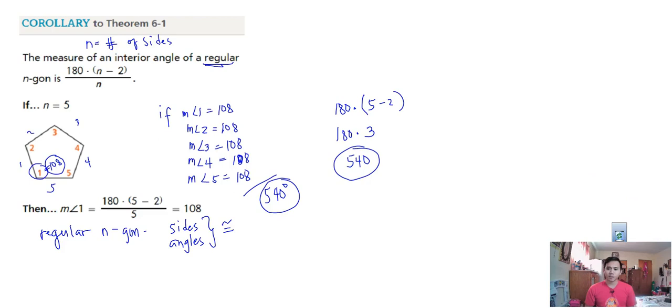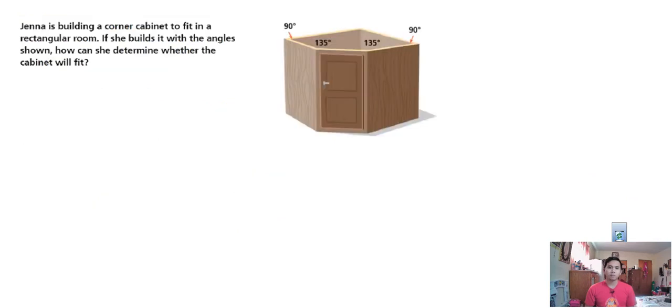All right, next example that we have here, let's see. Now let's do the application of this given theorem that we are discussing. So I have to get my book here. There you go. It says there, Jenna is building a corner cabinet to fit in a rectangular room.